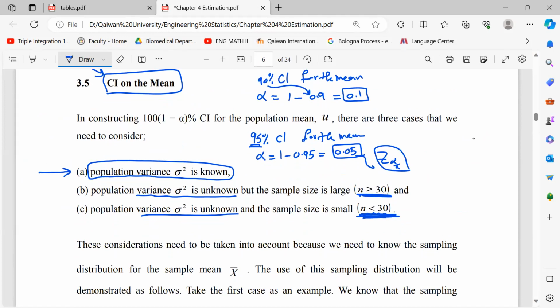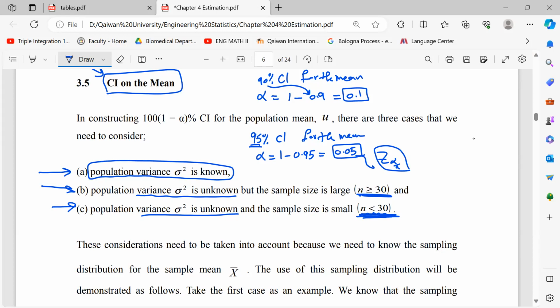A, if the population variance is given, or the standard deviation is given, you can get the variance by squaring the standard deviation. In the second case, the variance is unknown and n is greater than or equal to 30. In the third case, the variance is unknown and n is less than 30.